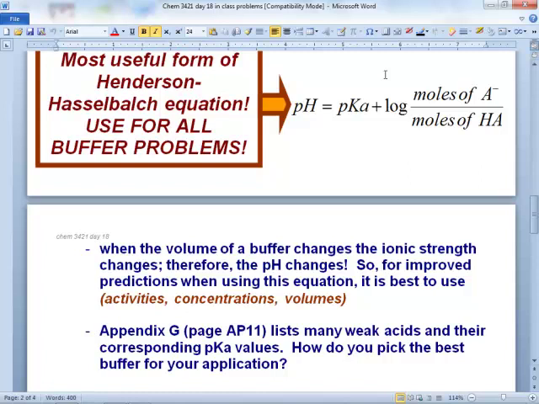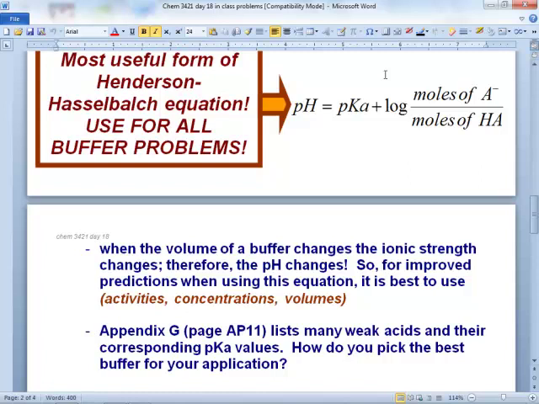It's more dilute, the concentration is changing, and that's how you calculate ionic strength, right? The concentration times the charges. So the volume changes, ionic strength changes, for sure. Therefore, the pH changes. Do you get that, before you even move on?